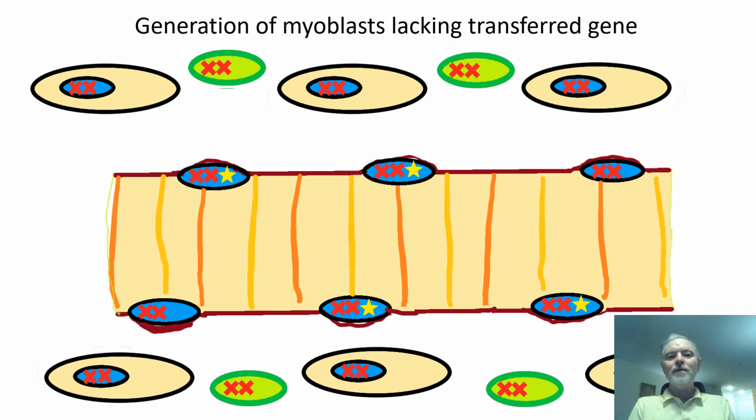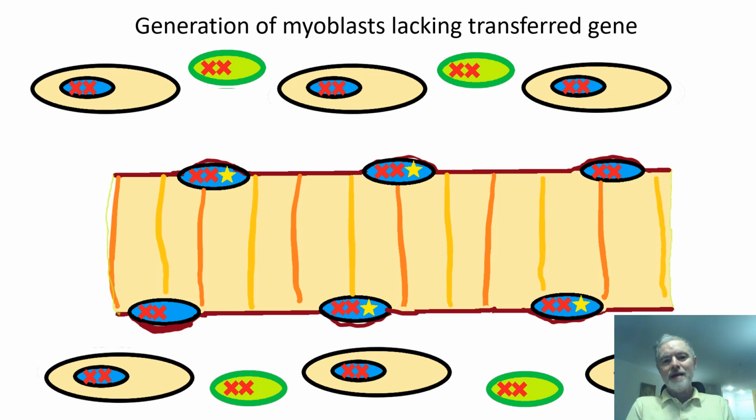Now say the muscle fiber decides it needs to grow bigger, and say also that the satellite cells didn't get the transferred gene, or their descendants don't all have the copy.